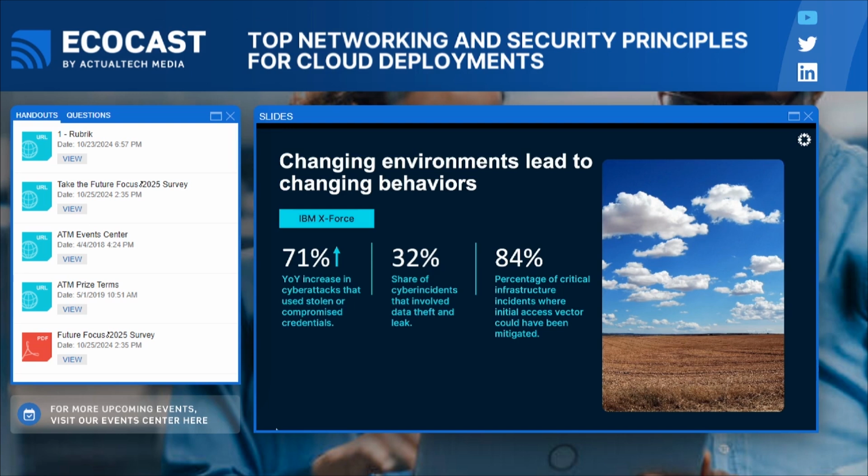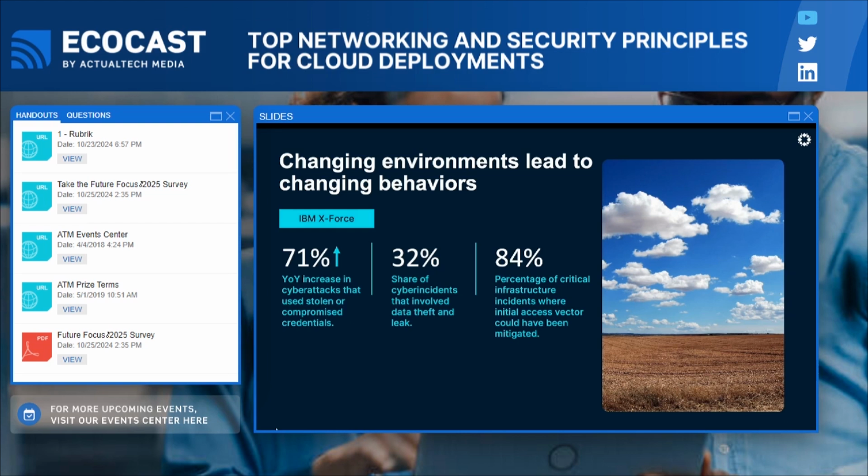So this is fast becoming the biggest attack factor, especially when it comes to cloud environments. These malicious actors are not hacking into your system, they're not breaking in, they're effectively logging in using valid credentials, which becomes very difficult for existing security tools to evaluate, and that's why they're largely successful.